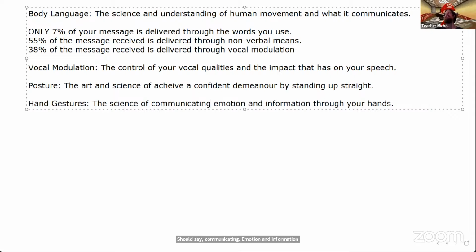So your hands, and again, we'll go over this in more detail, your hands actually can communicate, and this is excluding sign language, but for most humans who can hear and speak normally, they use their hands to express emotion and sometimes information. There are 3 different ways that you can do that using your hands, and we'll go over those in a later lesson.